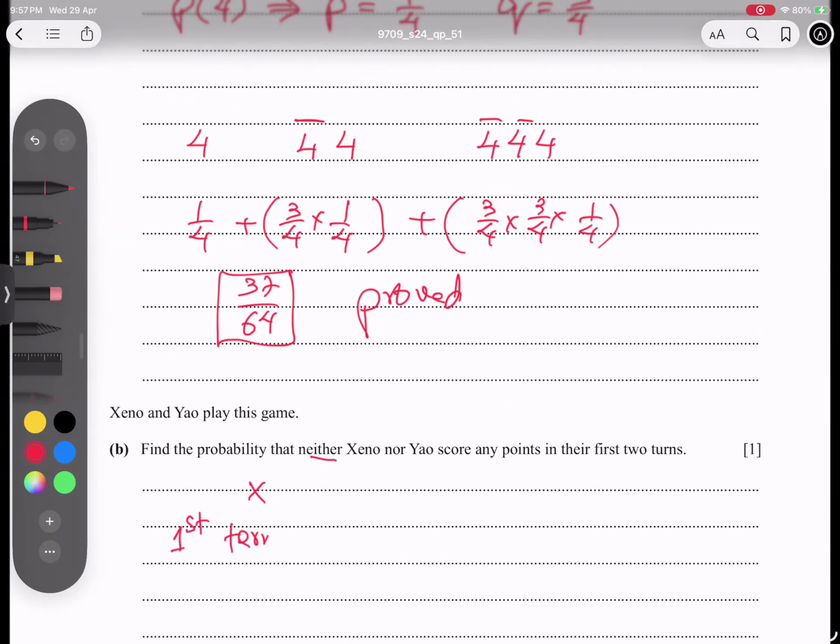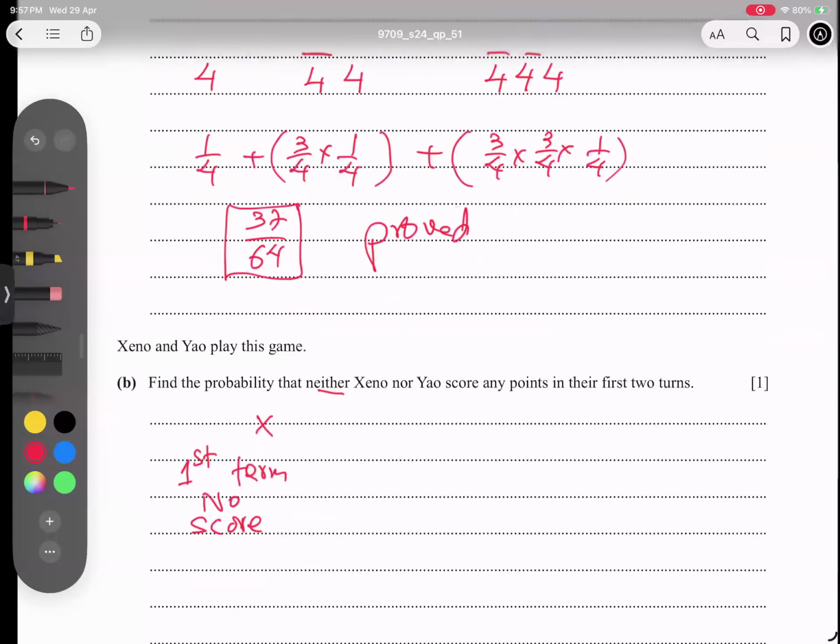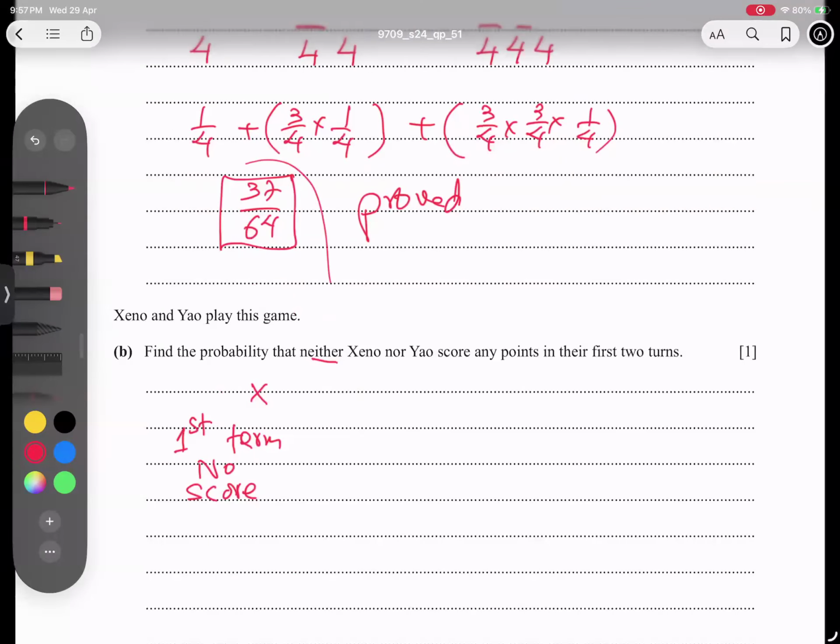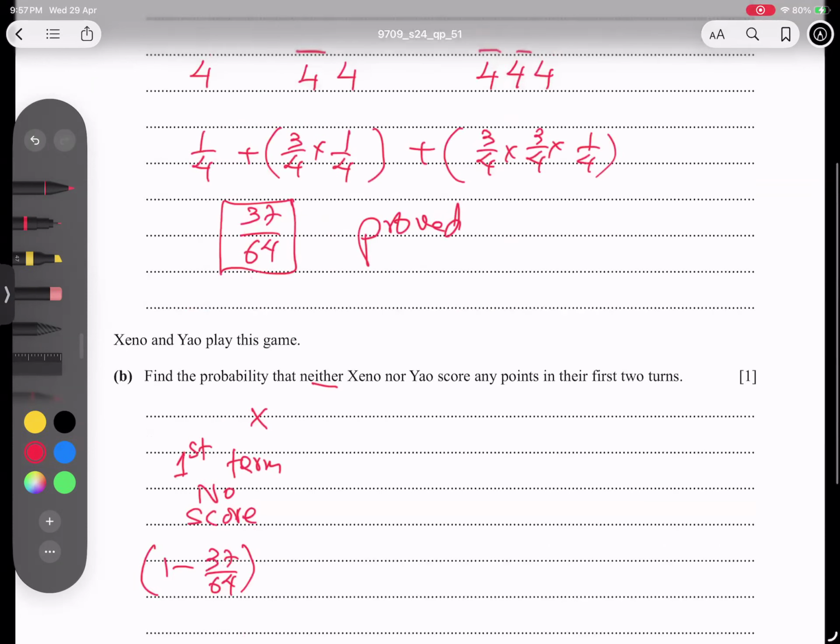Naturally, it means scoring is this one. If I say no score, I must say 1 minus 37 over 64. Repeat my words: scoring in any one turn is this much. If it's no score, then 1 minus that. I think the idea is clear.